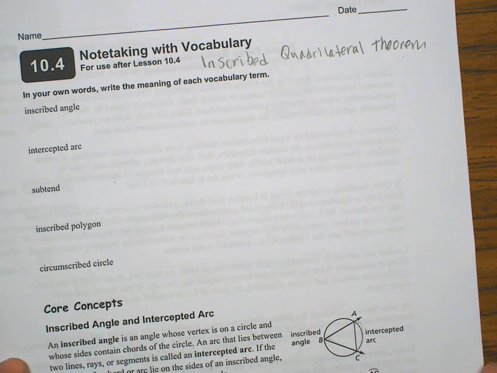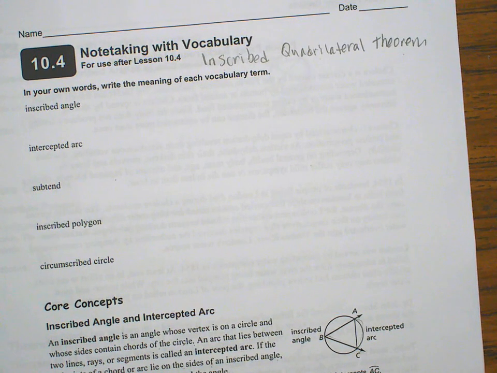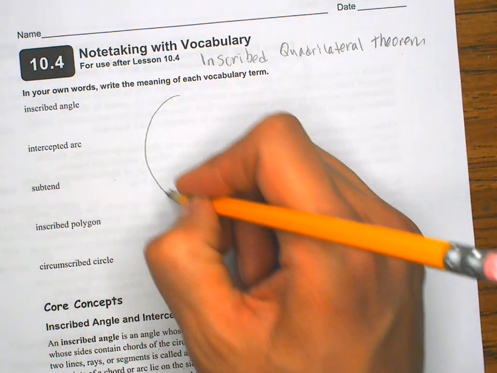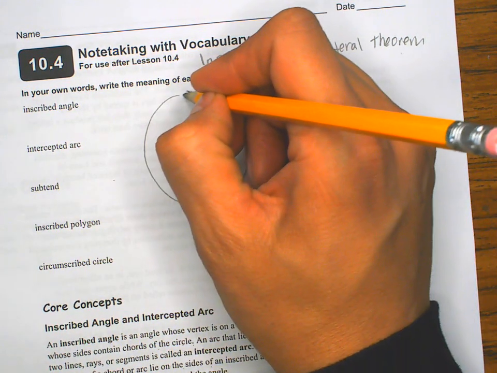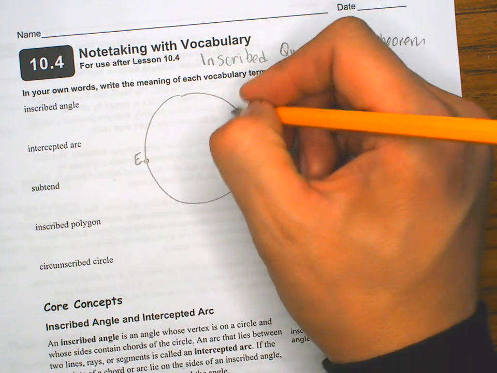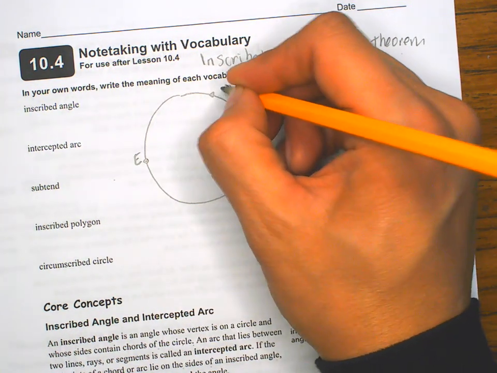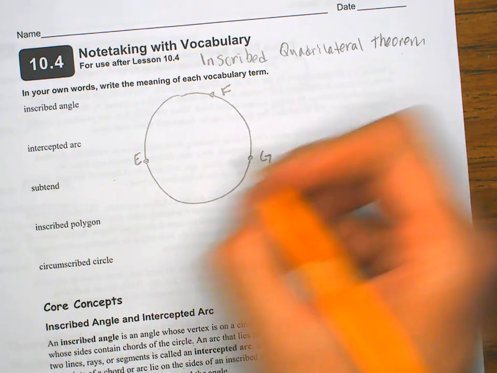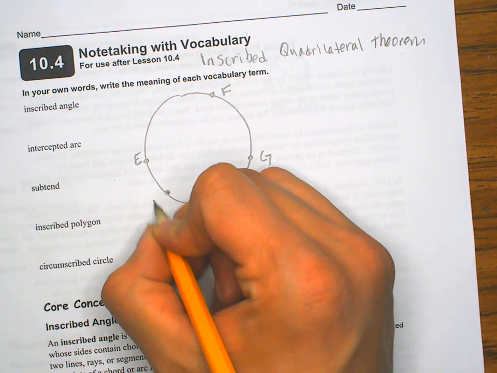Inscribed quadrilateral theorem. In this one, what we have is the following. We have a circle, and we have a quadrilateral. I'm going to call this quadrilateral E, F, G, and D. It doesn't necessarily have to be a square.